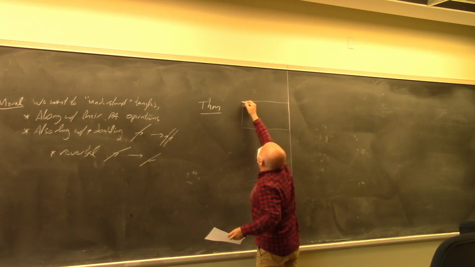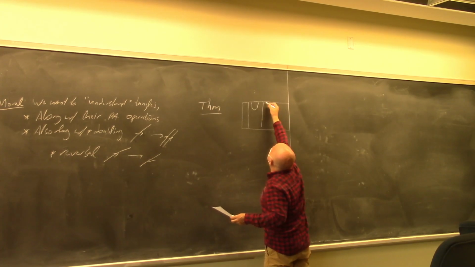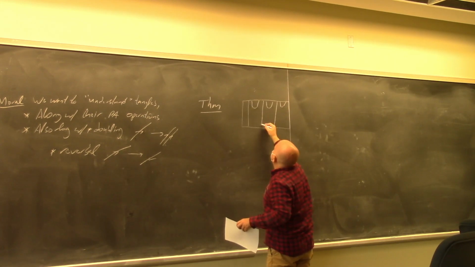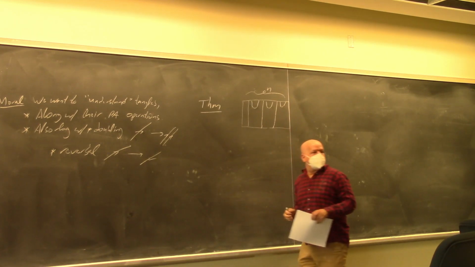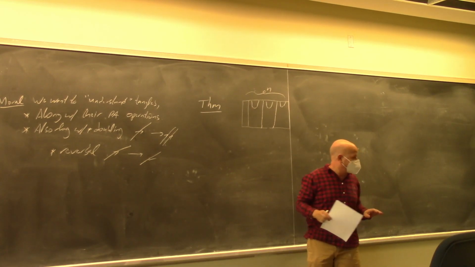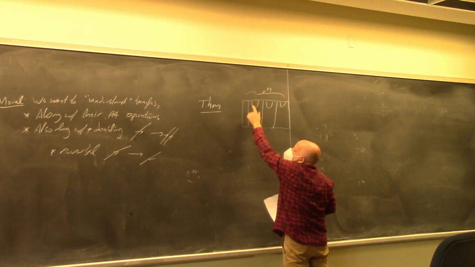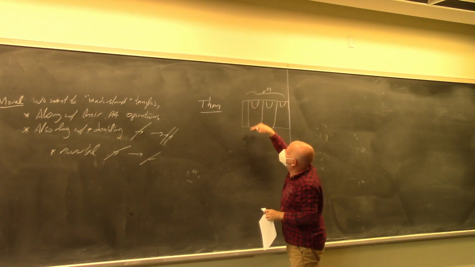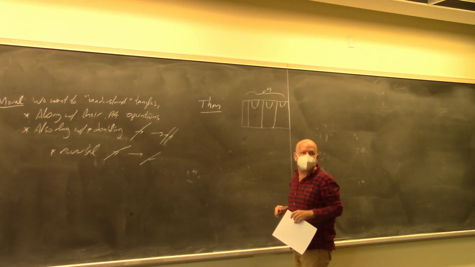So I want to talk about tangles whose skeleton looks like this. So in general, some number n of vertical strands, and an equal number n of cups like this.